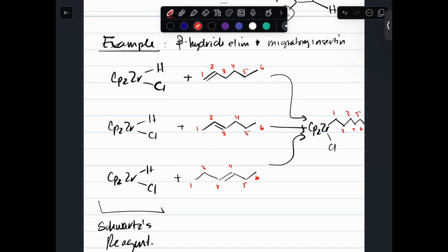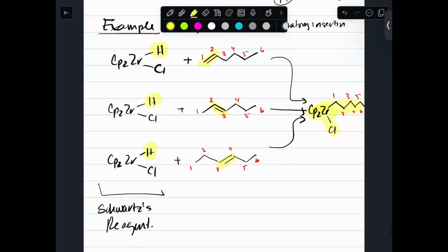Notice that it's still a 6-carbon chain. It looks very similar to Schwartz's reagent, with, of course, the only difference being the hydride source. Whichever alkene you start with, whether the double bond is in the middle, pretty close to the end, or at the end, you get the exact same product or intermediate.